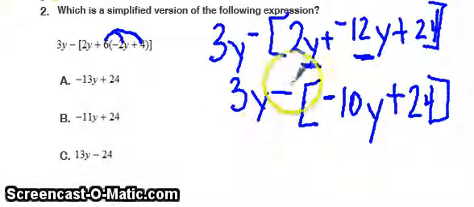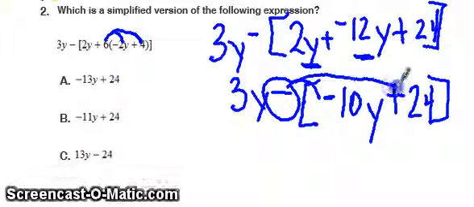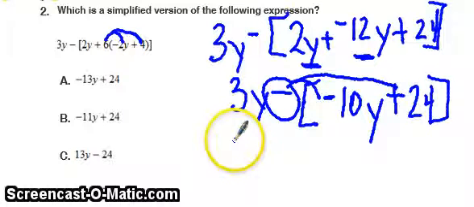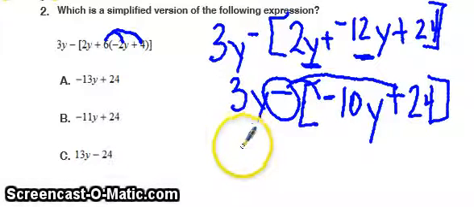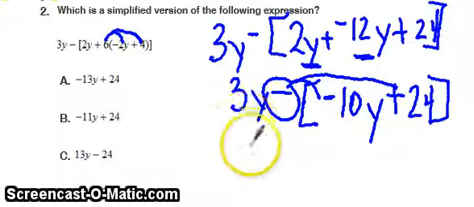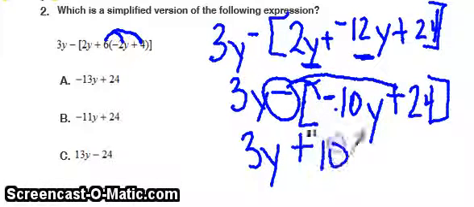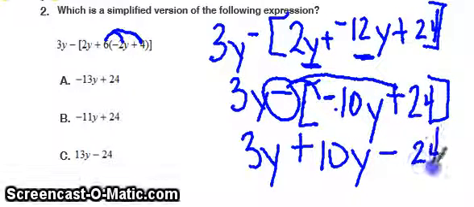From there, because this is a minus, it's actually going to change the sign of everything inside those brackets. It's like you're distributing a negative 1 there to everything inside those brackets. So this is going to be a 3y, and now a negative times a negative is plus a positive 10y, and a negative times a positive is going to be minus 24.